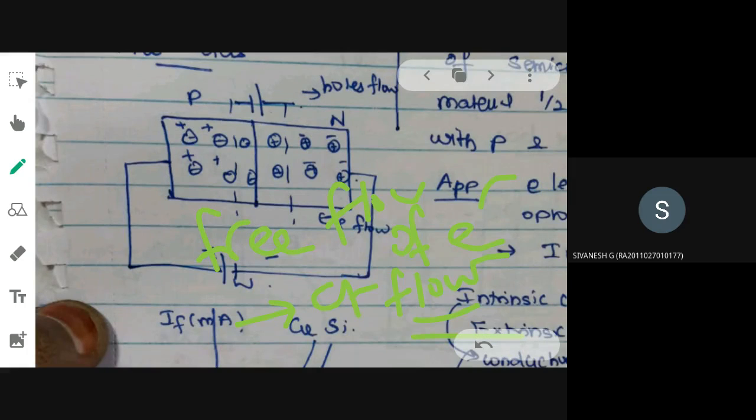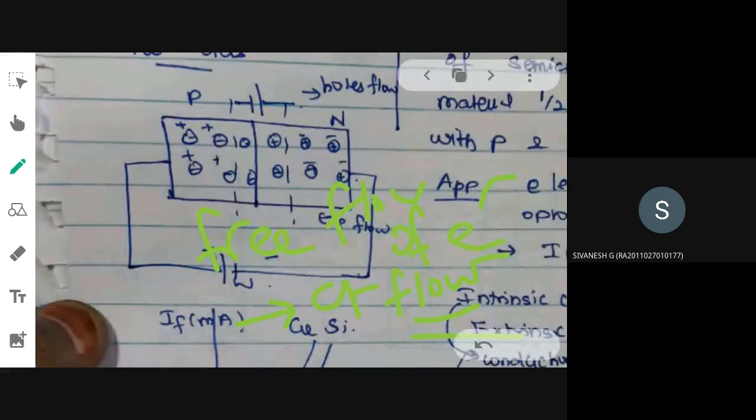This is how conduction happens. Under forward bias, there is a free mobility of electron-hole pairs, which results in current flow.